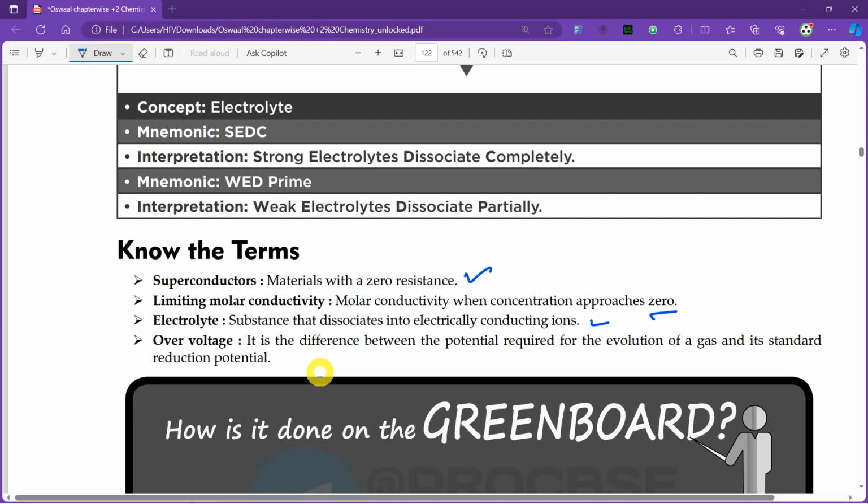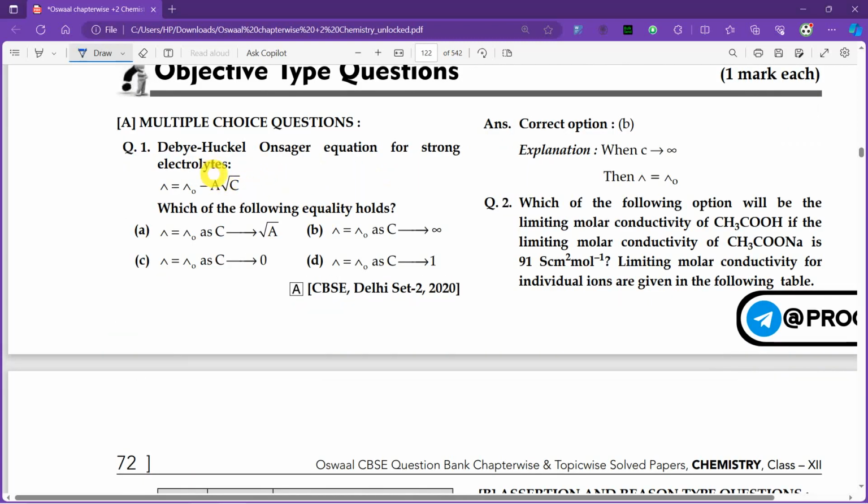Overvoltage is the difference between the potential required for the evolution of gas and its standard reduction potential, right? So this overvoltage you should keep in mind while answering the question. This will help. First question.